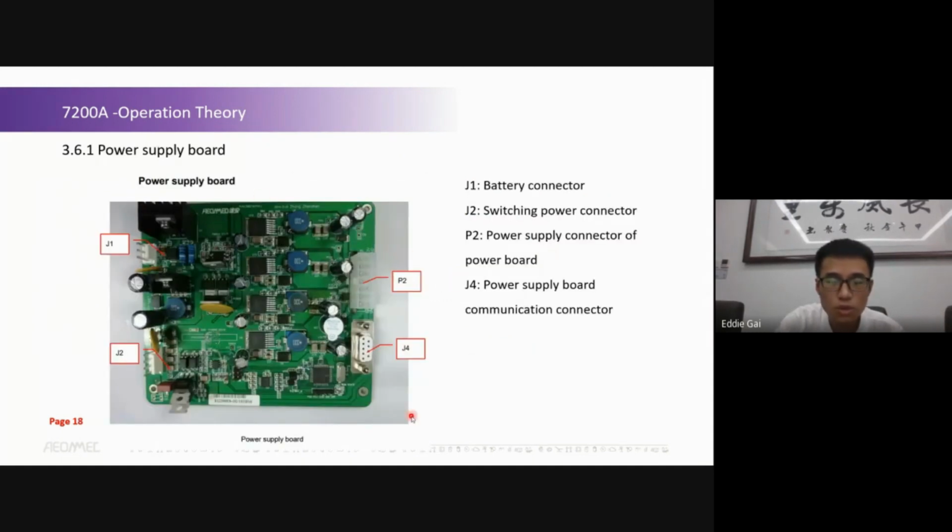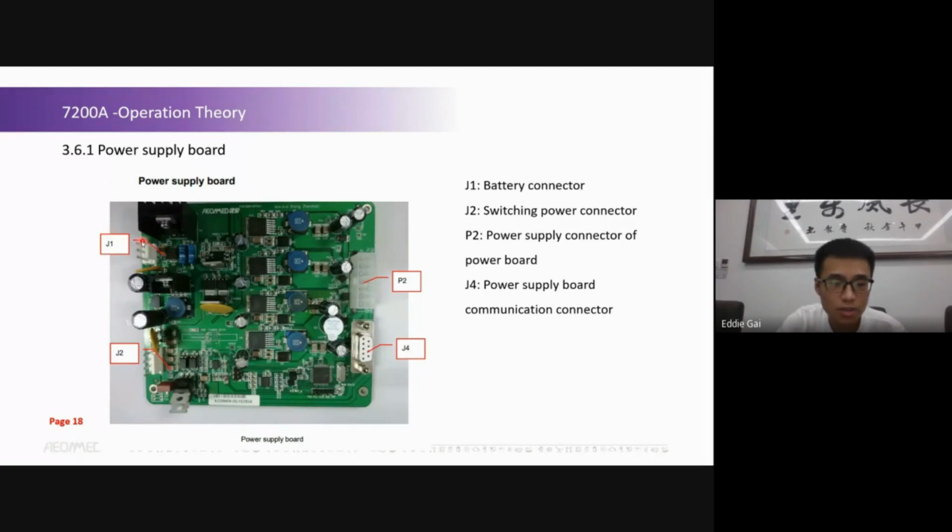Let's have a look at our electronic boards. The power supply board gives power for the main board and the solenoid valves. If the machine has a problem with power supply, we can check if the cables connect well.